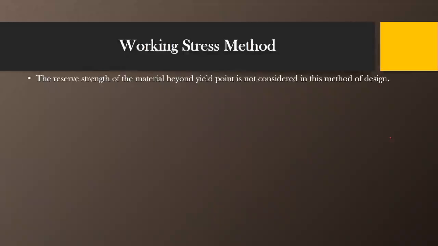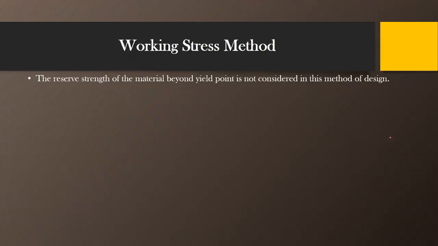Again, one more concept is very important in the working stress method, that is the reserve strength of material. As we know, every material has some strength, as seen from the stress strain relationship. But as we have discussed previously, in the working stress method, the stress strain relationship is considered linear.